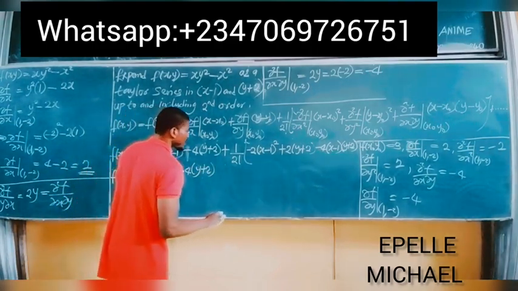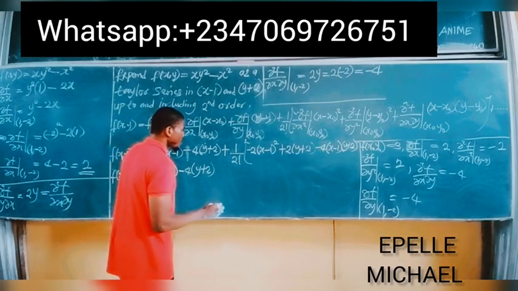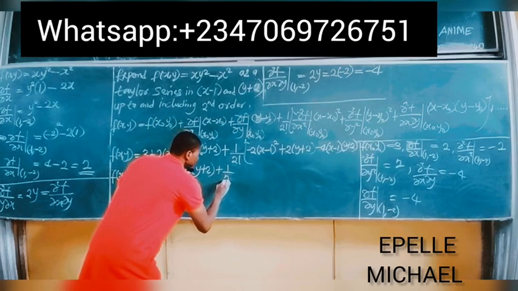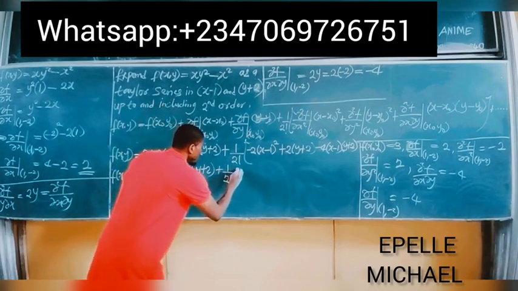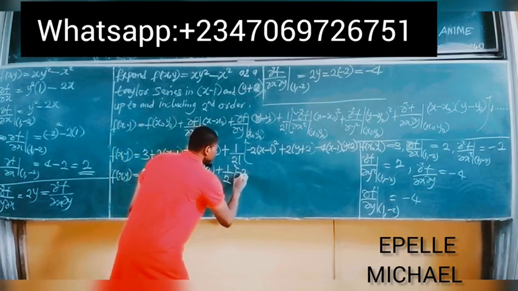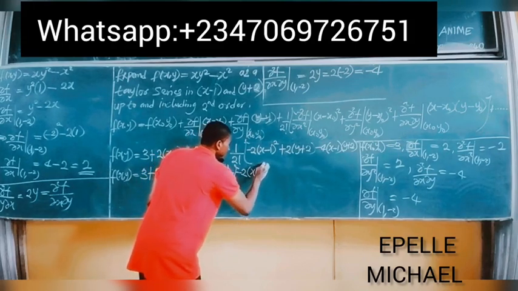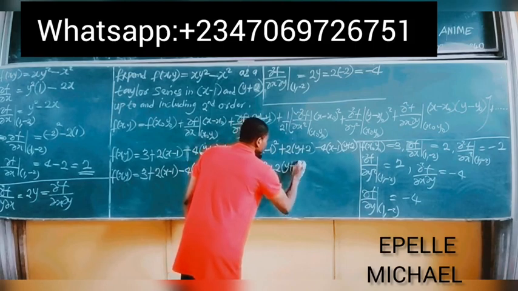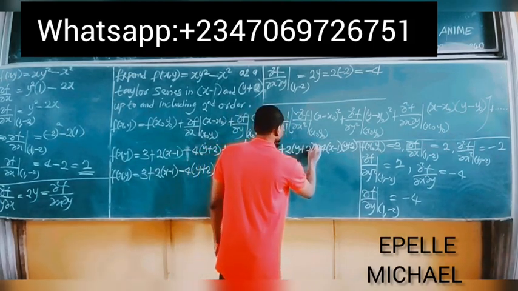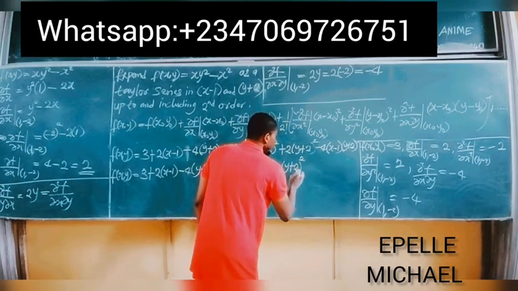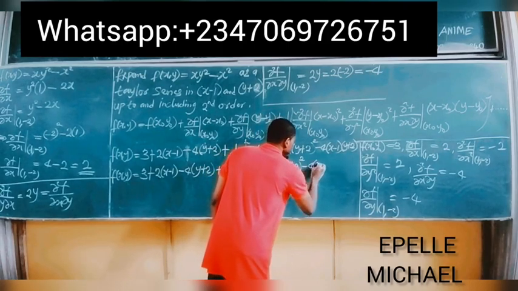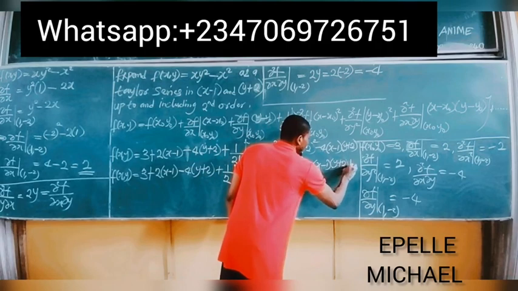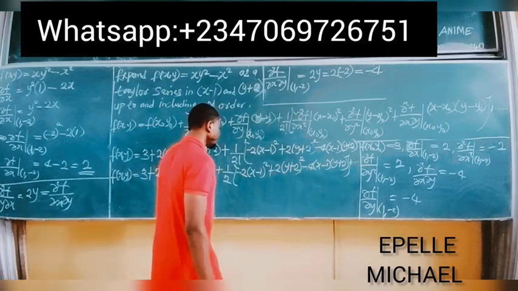Plus 1 over 2 factorial, which remains 2, into minus 2 into (x minus 1) all squared plus 2 into (y plus 2) all squared, please, there is a square here, minus 4 into (x minus 1) into (y plus 2), and the series continues like that.